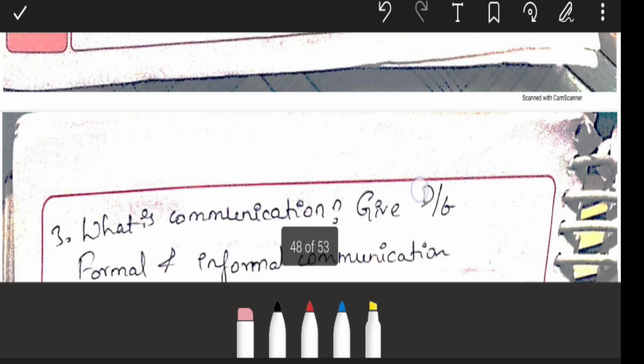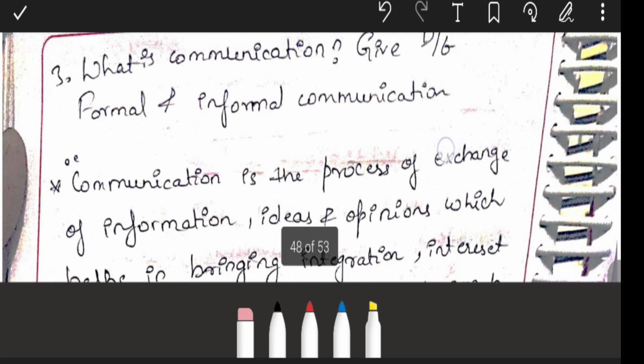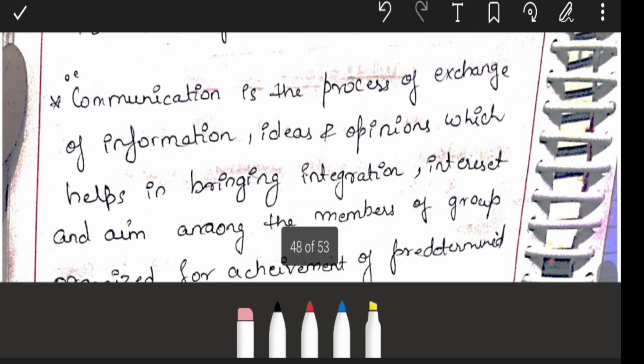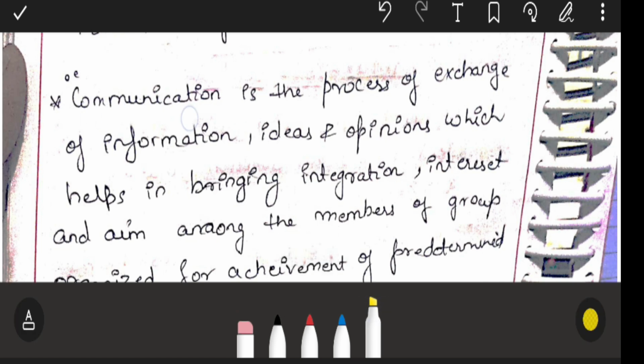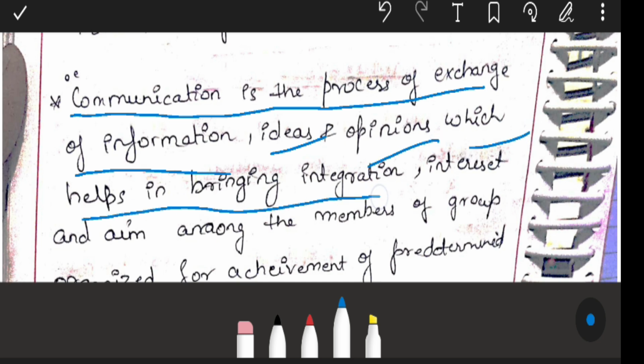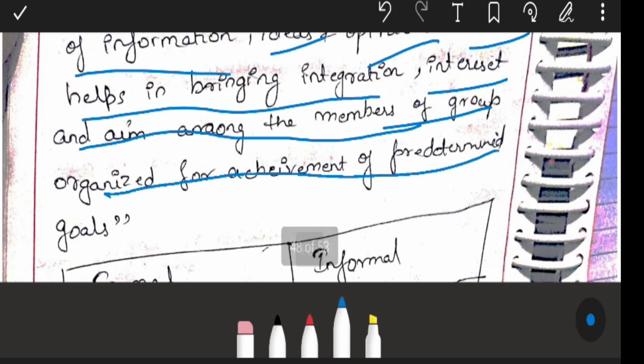Same. What is communication? Difference between formal and informal communication. It is a definition. You have to write everything to get good marks. Communication is a process of exchange of information, ideas, and opinions, which helps in bringing integration, interest, and aim among members of the group, organized to achieve a predetermined goal.